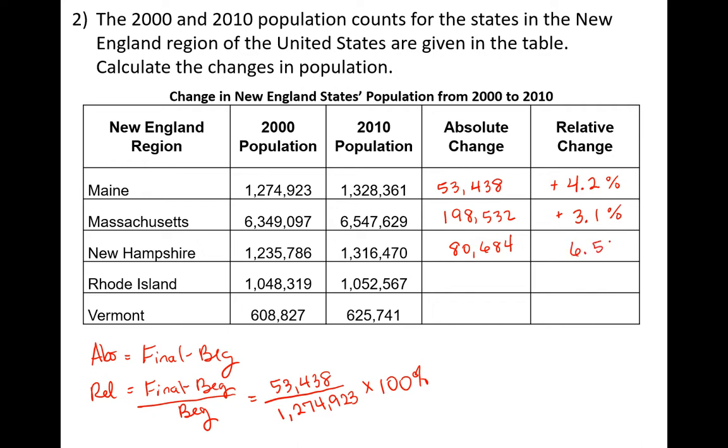So New Hampshire had a pretty big growth spurt there. 1,052,567 minus 1,048,319. That's only a change there of about 4,000 people, 4,248, divided by 1,048,319. And that is only an increase. It is an increase, but it's only about 0.4%.